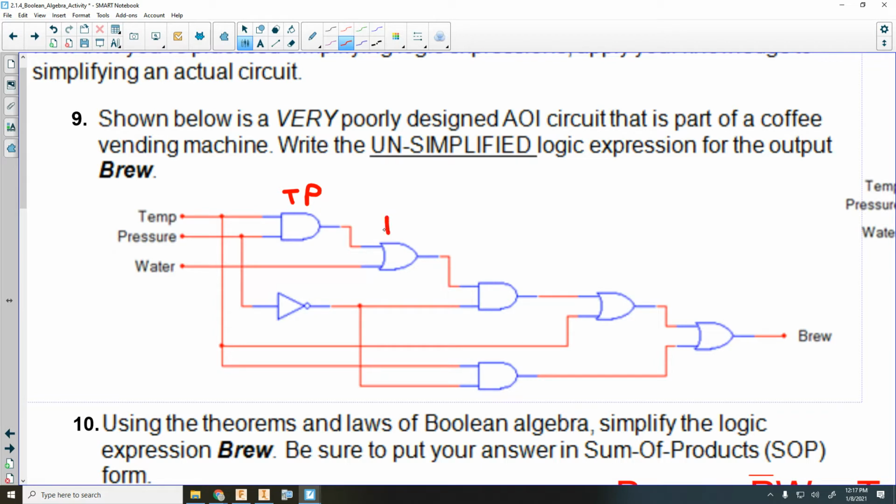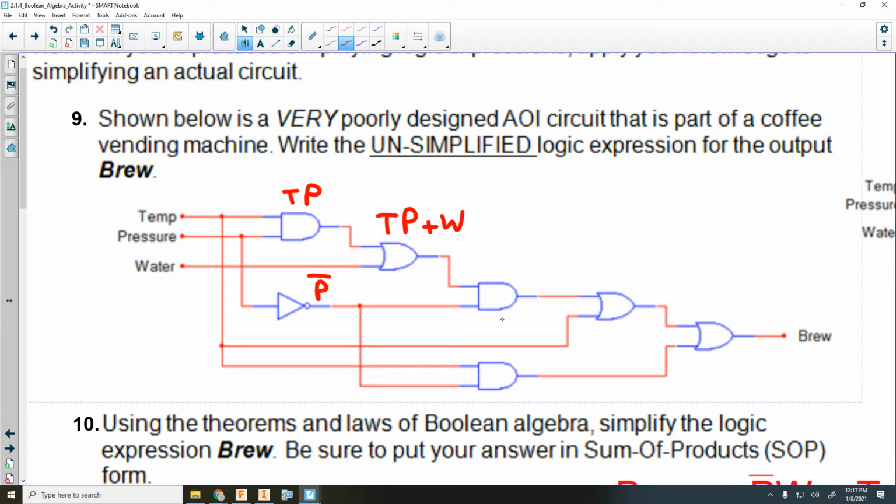TP plus W. TP or W. And then let's see, I have pressure going to an inverter. So what comes out of there? Pressure naught. P naught.